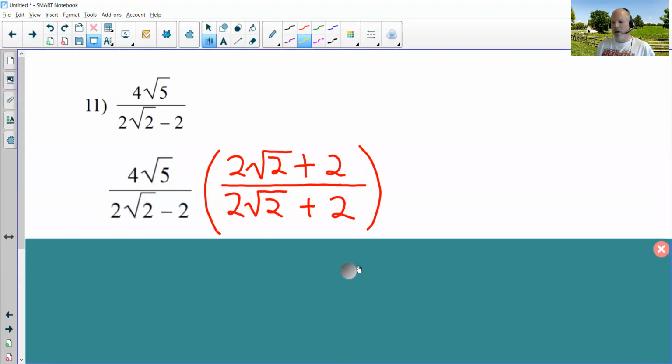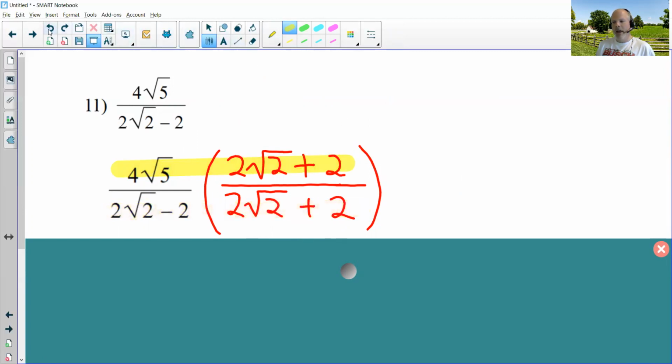So here's what we end up with. We multiply by 2 square root of 2 plus 2 over itself. Just like we did on the previous one, we're going to multiply straight across in both the numerator and the denominator.